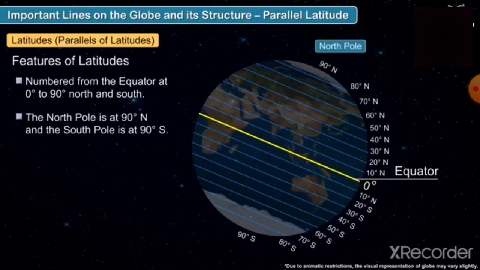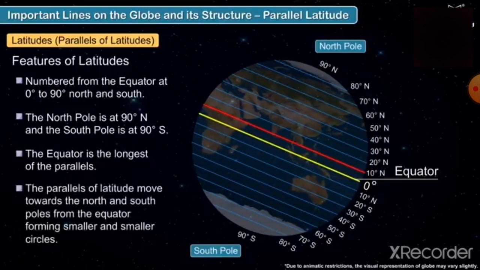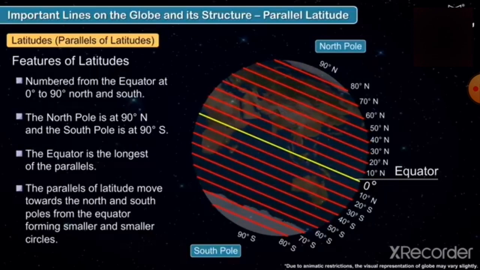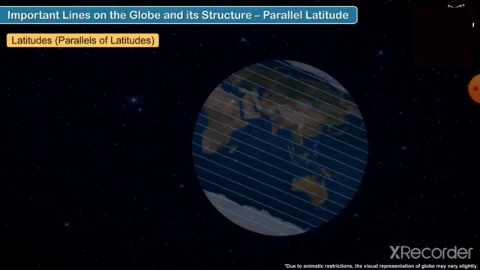And if from the equator we move towards the South Pole, it also lies on 90 degrees south. Remember, the longest parallel is the equator, and the parallels of latitude move towards the North and South Poles from the equator, forming smaller and smaller circles.